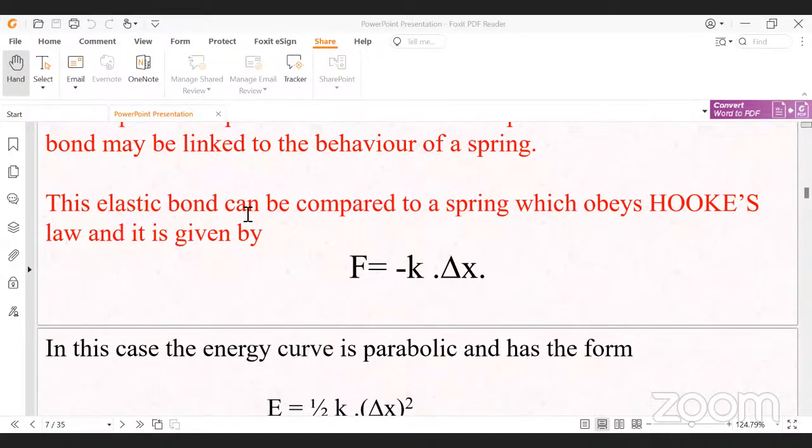An elastic bond can be compared to a spring, which obeys Hooke's law.